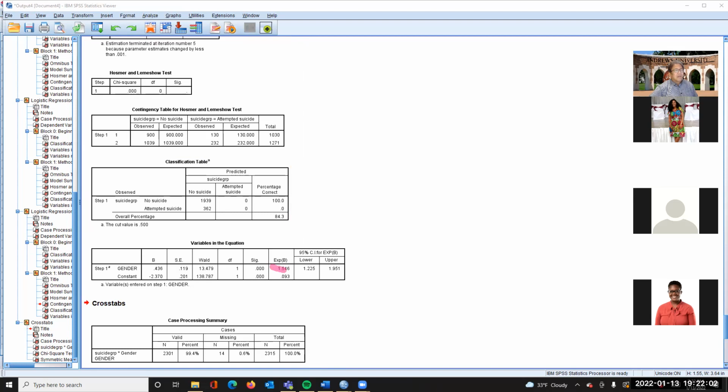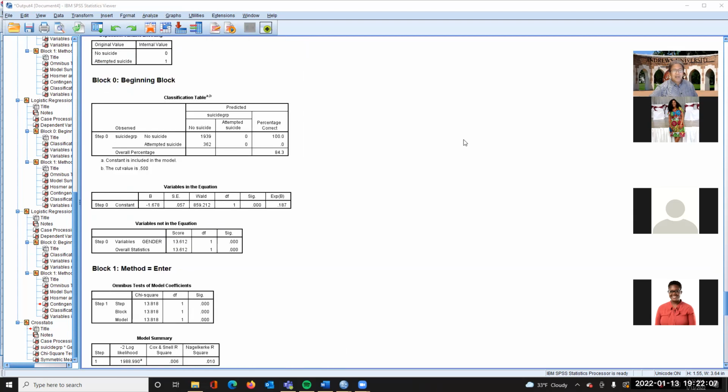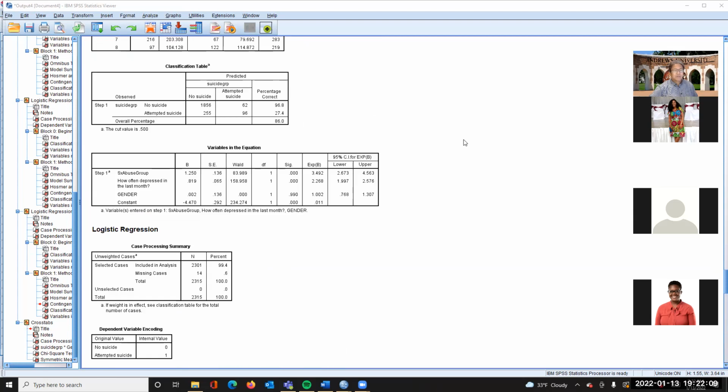But once you include abuse and depression, like we have done earlier, gender is not a significant predictor.